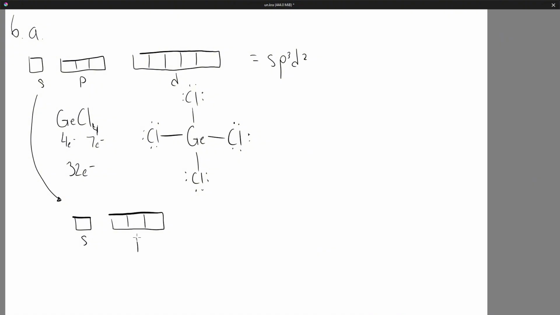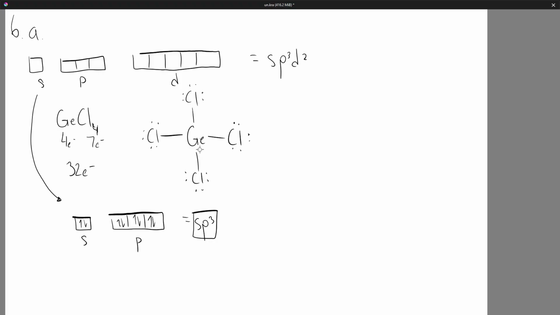It's pretty easy for this first one. The 1s orbital and 3p orbitals can all hold 8 electrons. So this makes sp3. That is how you show partial orbital diagrams.